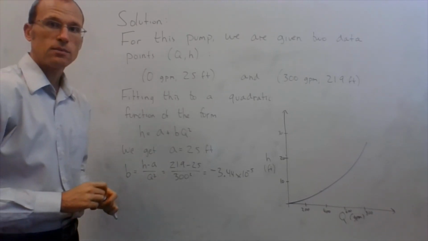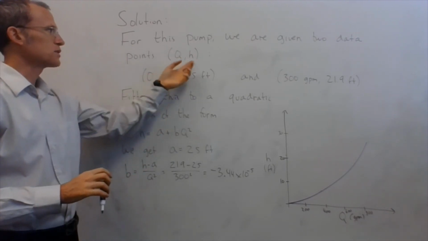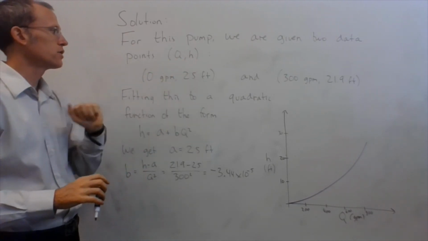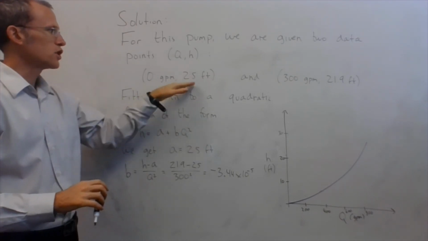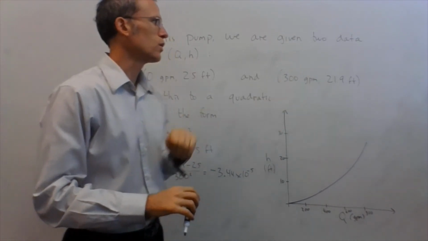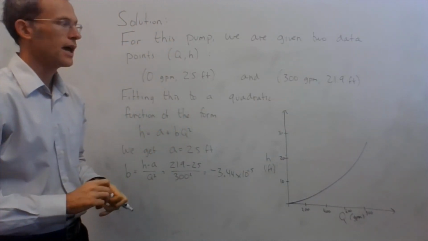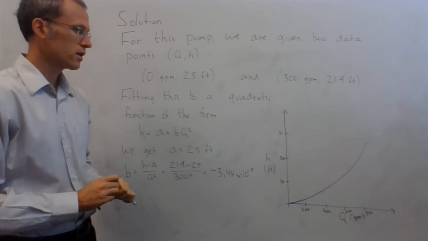So we're basically given two data points for this pump and its performance curve in terms of X, Y values, in this case Q and H. At a Q of 0 gallons per minute flow rate, we have a shutoff head of 25 feet, and at a flow rate of 300 gallons per minute, a head of 21.9 feet. So the head curve, just like the system curve, is relatively quadratic.